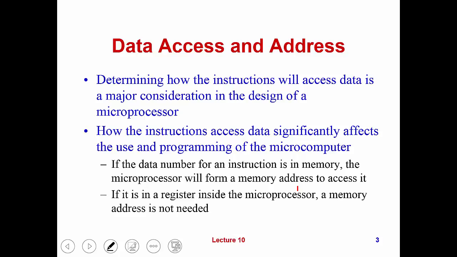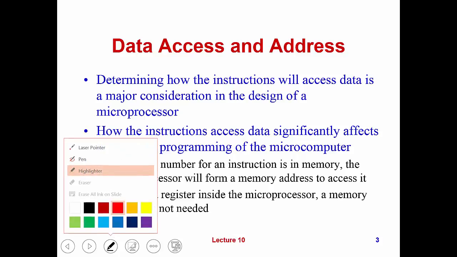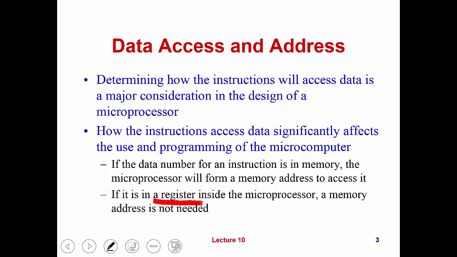If the data that we need for an instruction is in memory, then the microprocessor will form a memory address to access the data from memory. However, if the data we need is already in a register inside the microprocessor, then we don't need a memory address, because the data is already in a particular register of the CPU.